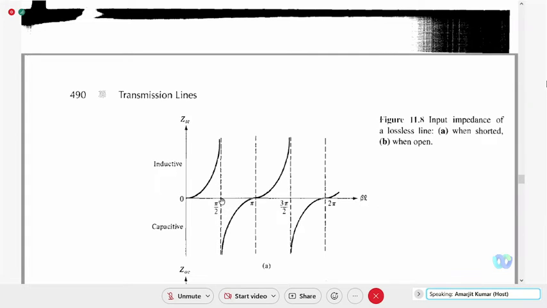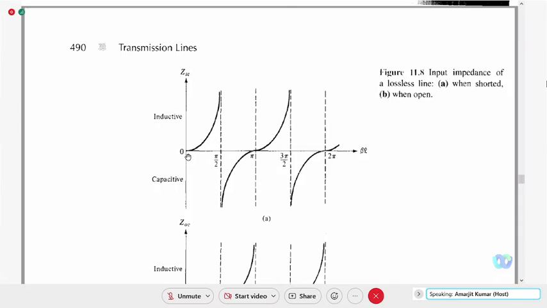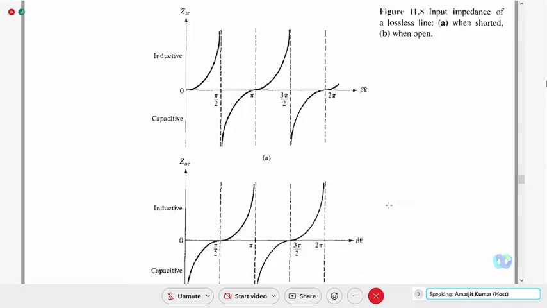So theta from 0 to pi by 2, pi, 3 pi by 2, and 2 pi. I told already that if the length is from 0 to pi by 2, as per the formula J Z naught tan beta L, it will be inductive. If it is 90 degree to 180 degree, it will be capacitive. Again inductive, then capacitive. This will repeat.